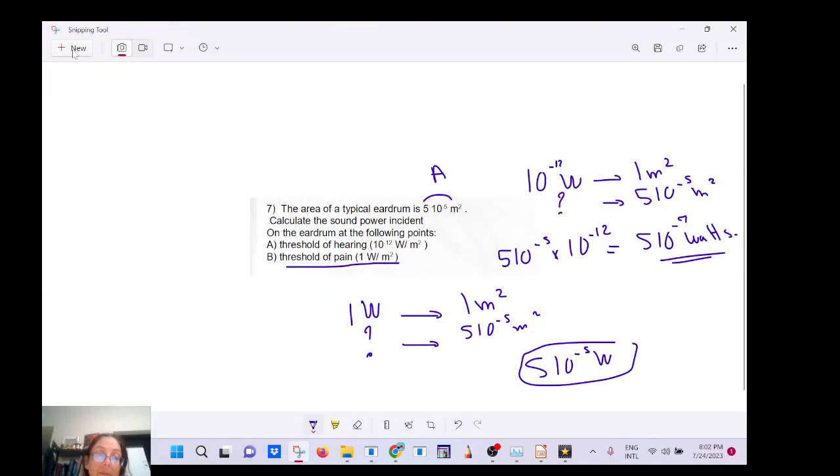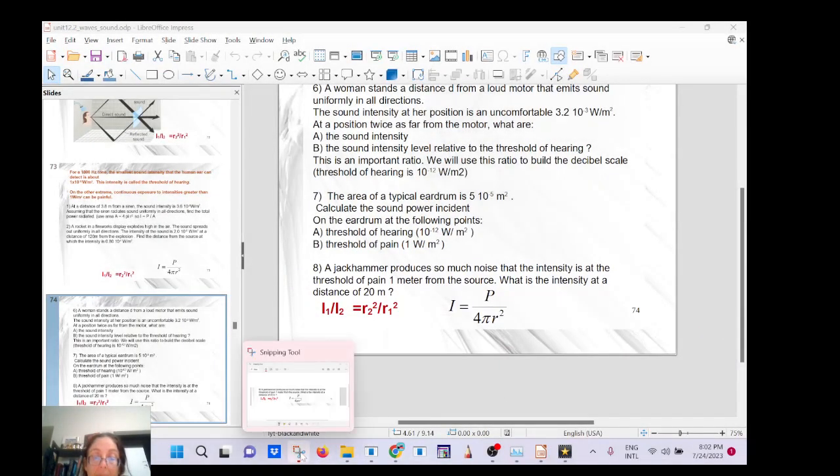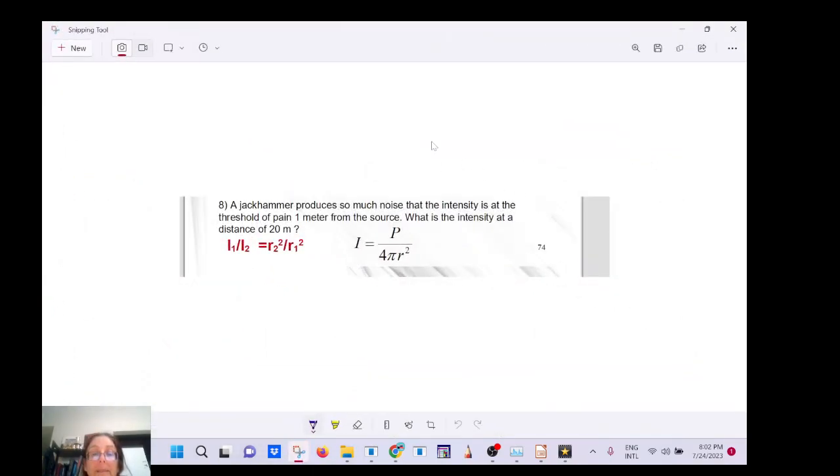It means that for 1 meter, the intensity here is the threshold of pain, which is 1 watt per meter square. So if you increase the distance, and now it's at 20 meters, the distance here is multiplied by 20.